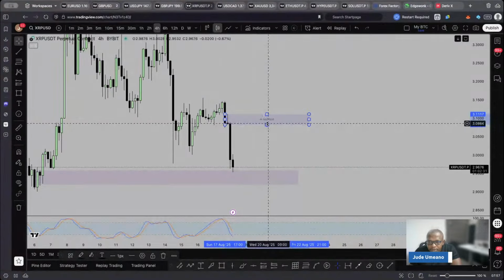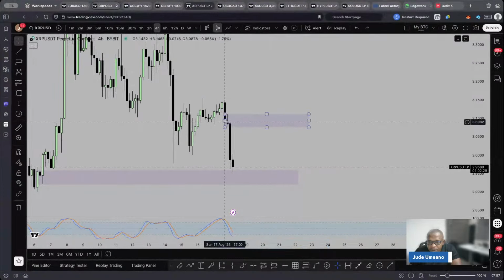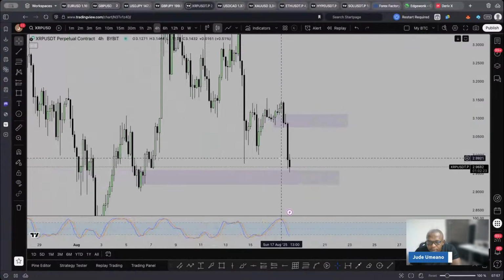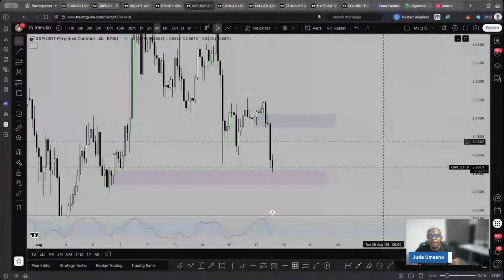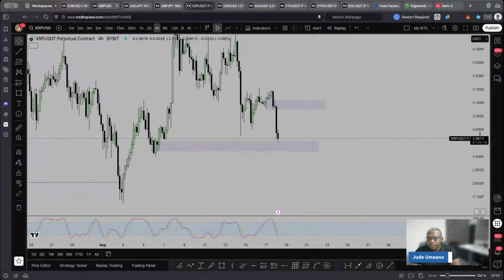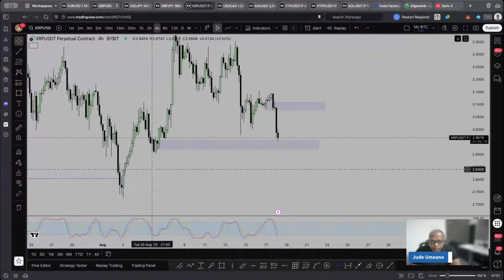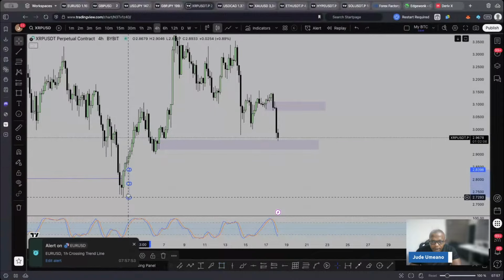And because of the way crypto behaves, I can extend it to cover this particular low. Okay, that's all we have. And if I go lower, these are all efficient zones, maybe apart from this. So the other demand I have is from this, the whole of this.